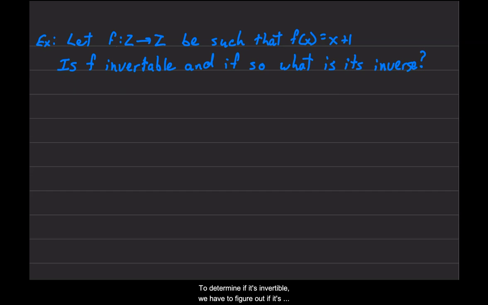To determine if it's invertible, we have to figure out if it's one-to-one and if it's onto. The question, is it one-to-one, is resolved by setting f(x1) equal to f(x2), and then substituting in our values.